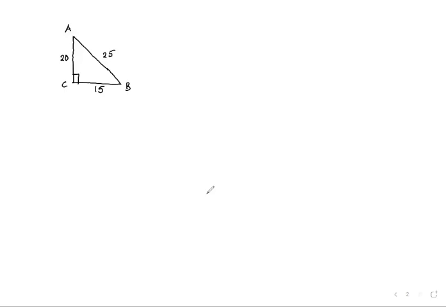Okay, so find the perimeter of the triangle. How do you find the perimeter of the triangle? You add the lengths of the sides. So 15 plus 20 plus 25, which is 40, 60 units.